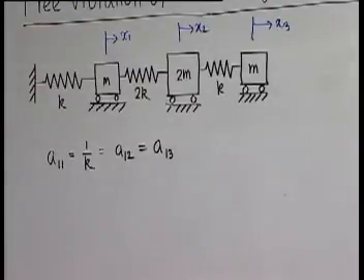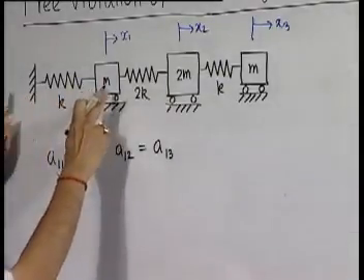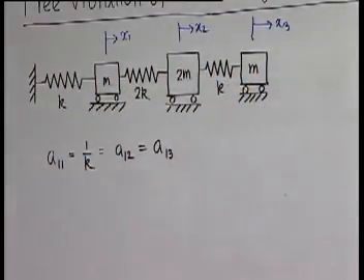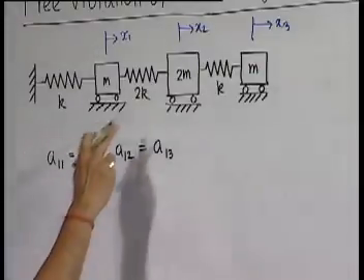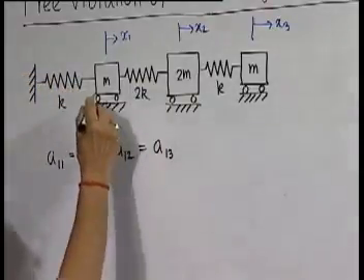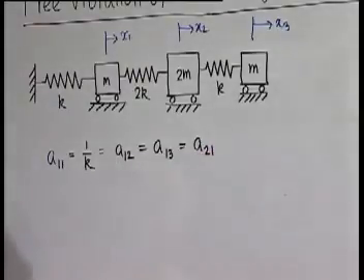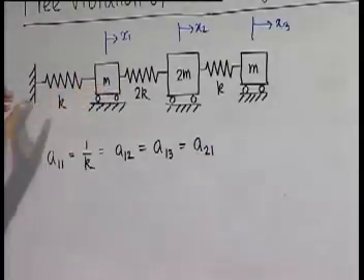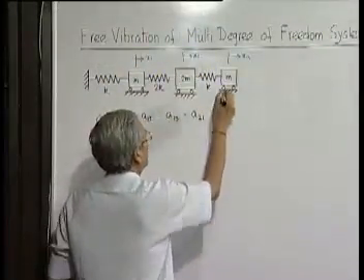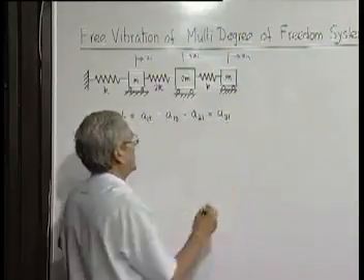On the other hand, if I apply a unit load at 1, only this spring stretches, and these things just displace as a rigid body without any distortion. So the displacement at station 2 due to a unit load applied at station 1 will be the same, 1 by k, and that is A21. Similarly, if I apply a unit load here, the stretch of this will be 1 by k, and this is moving just like a rigid body. So the displacement of station 3 will also be equal to 1 by k, which is A31.